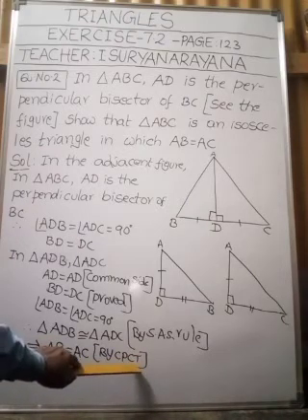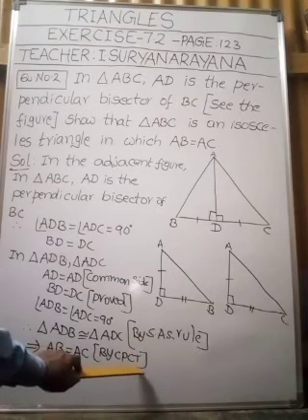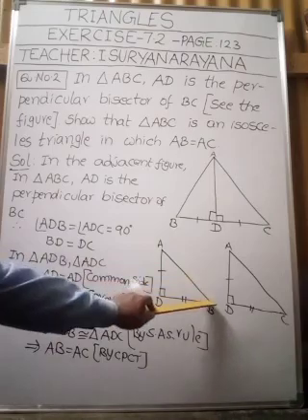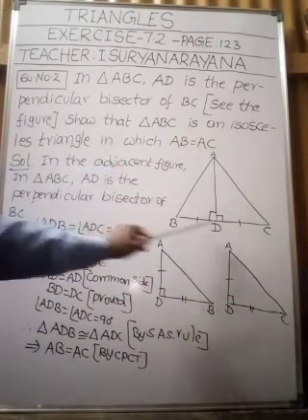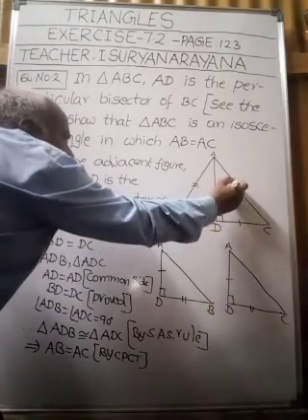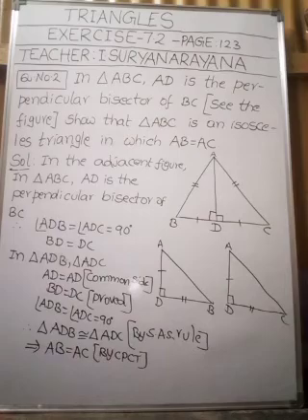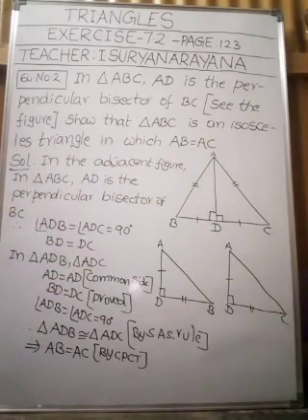Okay, my children, do you remember this full form of these four letters? Corresponding parts of congruent triangles. So this line segment AB is equal to line segment AC. Then what can you say about this triangle ABC? Two sides are equal. Then triangle ABC is an isosceles triangle.